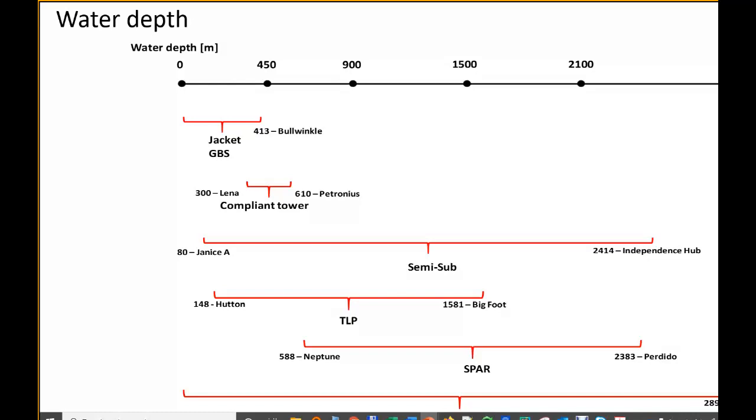And they usually have subsea wells, although some people are arguing that they are used, I think there are a few that are used, for dry platform wells. Then you have the tension leg platform, where the highest water depth is 1,500 meters.